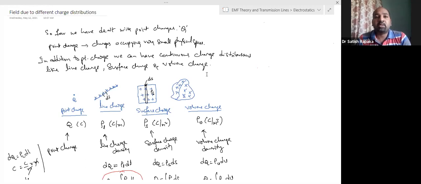In addition to point charge, we can also have different charge distributions. In other words, continuous charge distributions like line charge, surface charge, and volume charge.